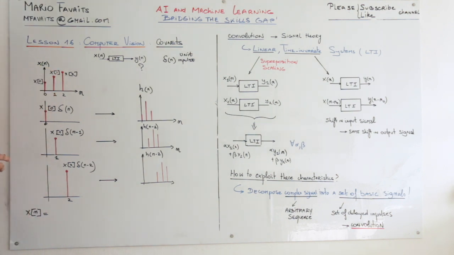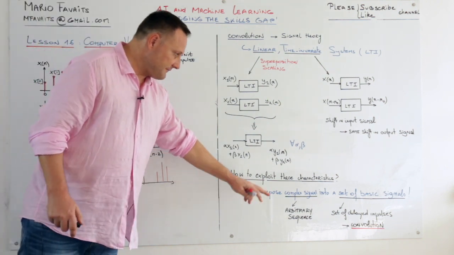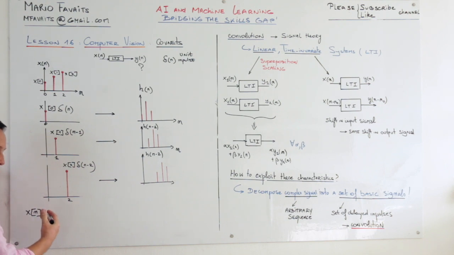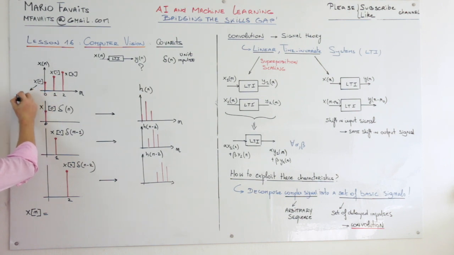What we want to do is add all these delayed impulses up, after we multiply them first with their weight. By the way, these x's here are the weights.